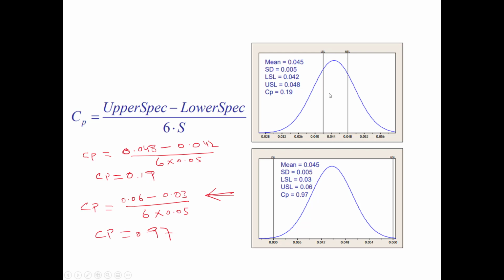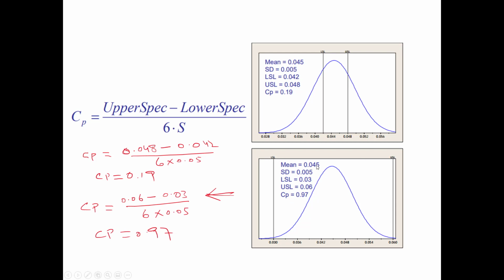You can also see from the figure that most of the dispersion, most of the bars of the normal distribution, are outside the upper and lower specification limits. Similarly, now this is a little bit different from this. The dispersion is the same, but our upper specification limit is this one, 0.06.